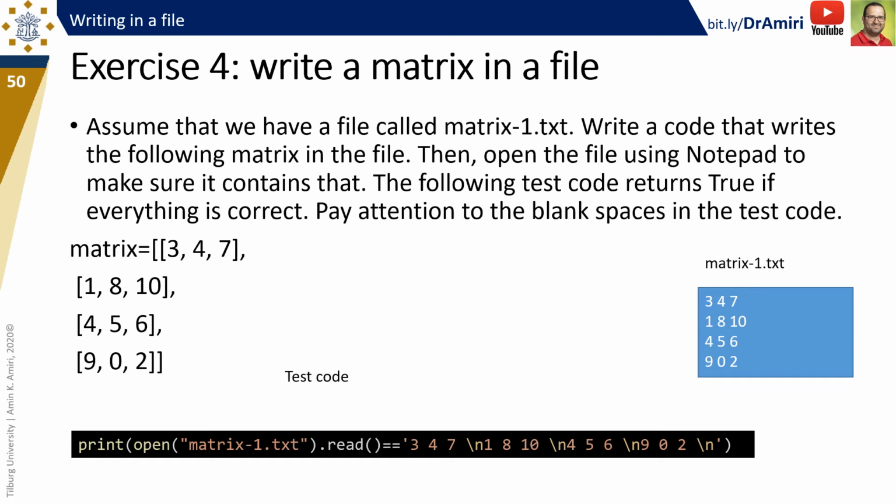As you can see, each row of the matrix you need to write in one line in the file, and elements are separated using blank spaces. And there is a test code to make sure that you write the code correctly. Note that there is a blank space between the last element of a row and backslash n.